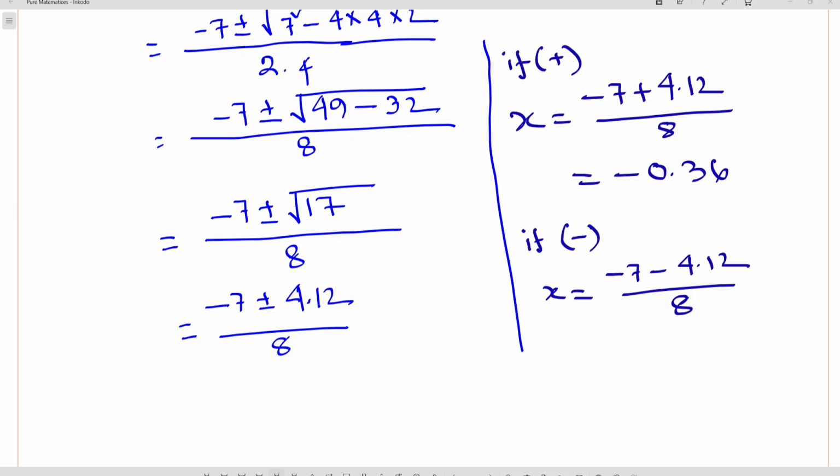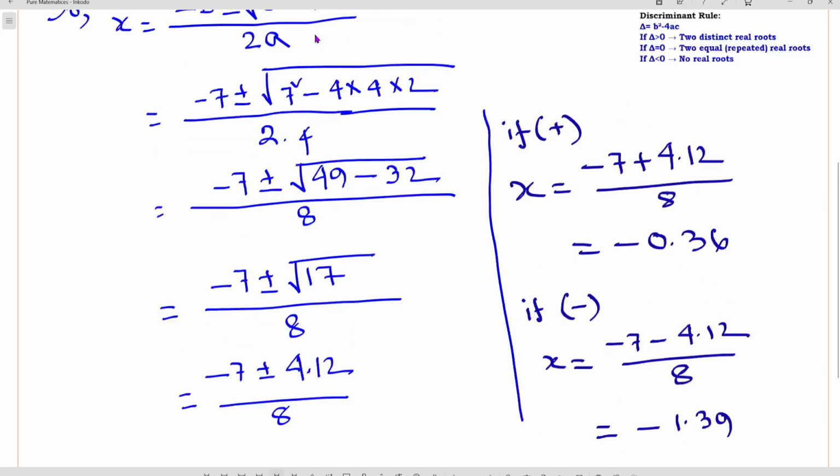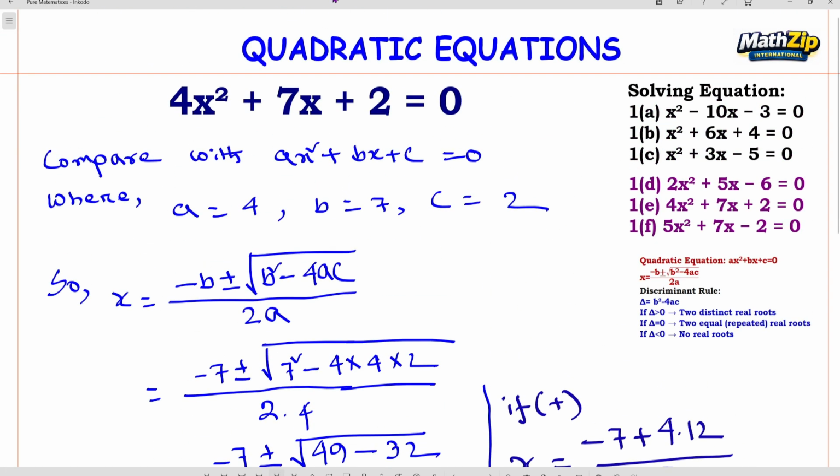So it will be minus 1.39. So x equals minus 1.39 or minus 0.36. Very simple, right? So numbers 1D and 1E of this video are done.